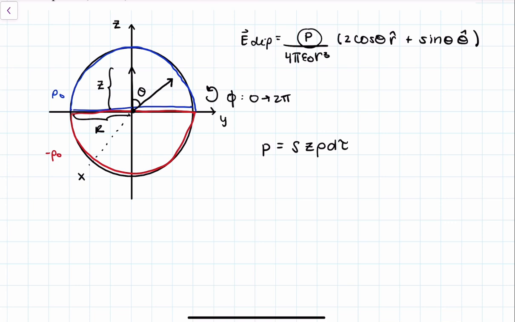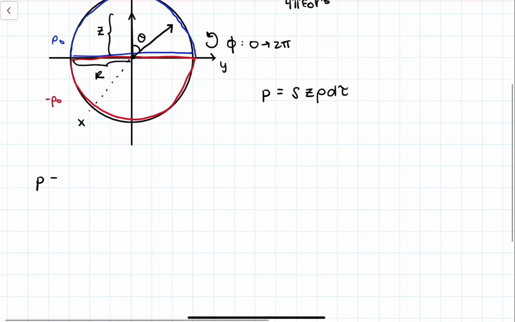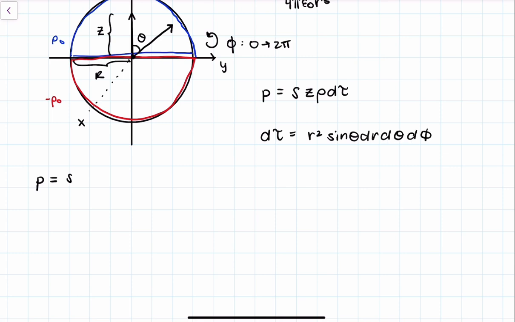We're going to have two integrals, one for the positive northern hemisphere and one for the negative southern hemisphere. And let's remember that d tau is just r squared sine theta dr d theta d phi.